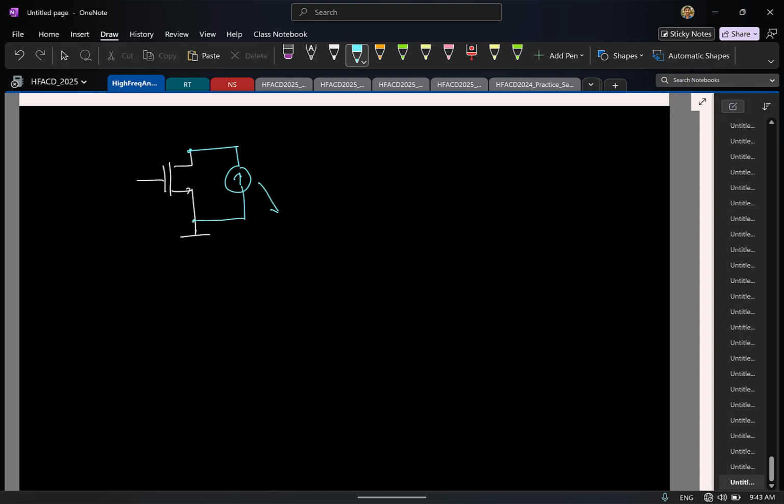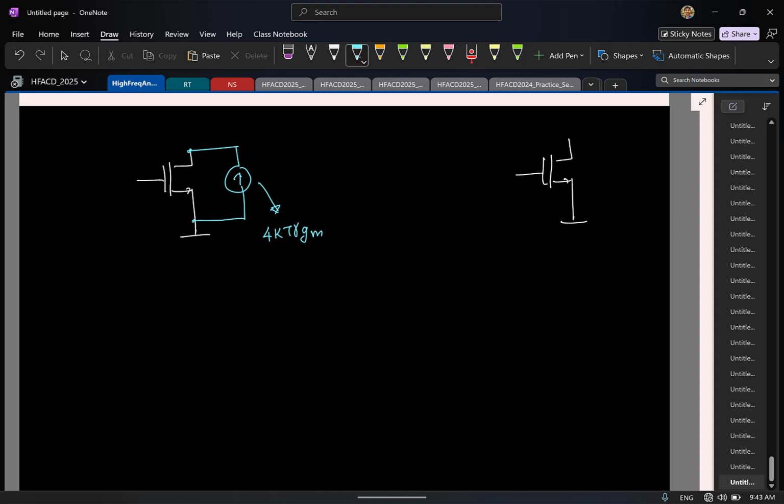What is the power spectral density of the current source? 4kTγGm. Now what is the input impedance of this structure? Infinity, if I ignore the gate capacitance. If I want to model the noise as an input referred quantity, what do I need to include here?